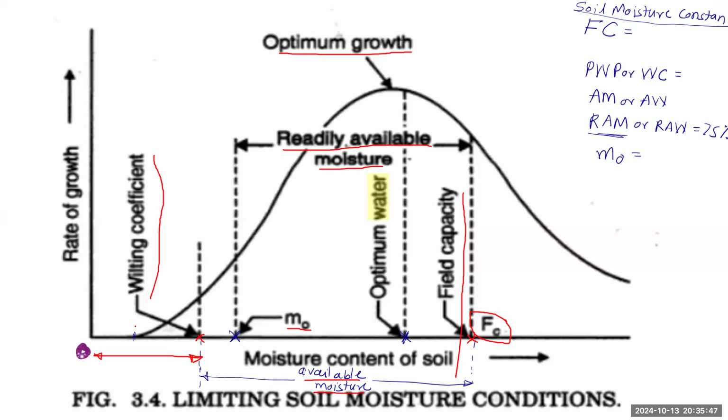The rate of growth will be the lowest if the moisture content is less than wilting coefficient, and also lowest if moisture content is more than field capacity. If the moisture content is up to saturation capacity, then the rate of growth of crop reduces. So that is the impact of various soil moisture constants over the rate of growth of crop.